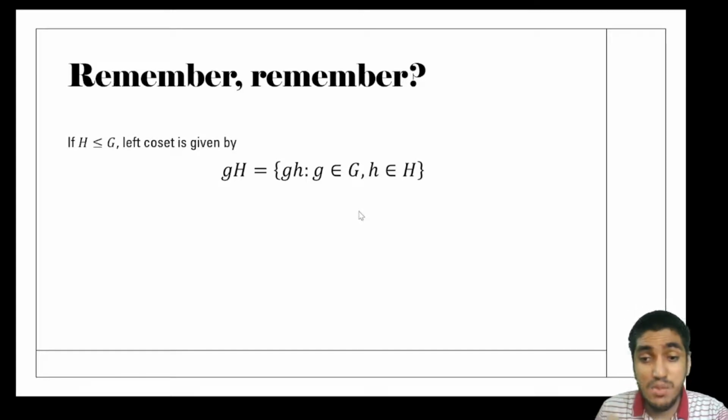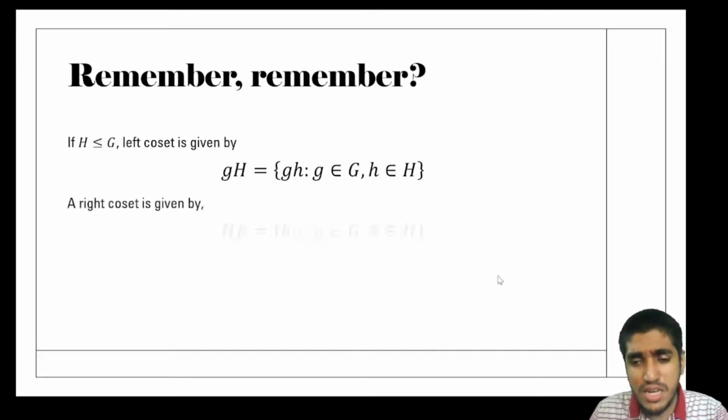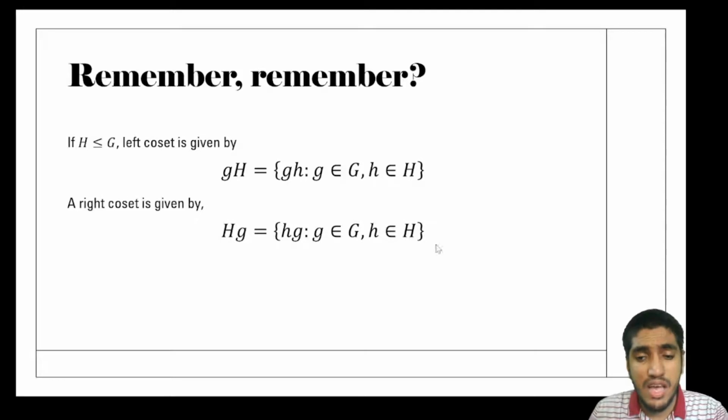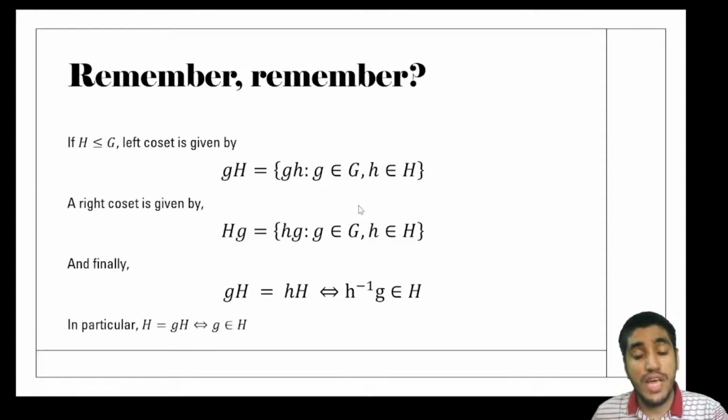Yes, it does, especially when your group is not abelian. Then there should be a right coset, right? And finally, two cosets are equal if and only if H inverse g is in H. In particular, it is equal to the subgroup H itself if g is in H.